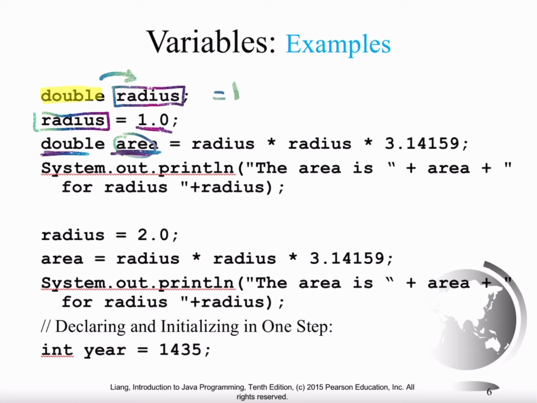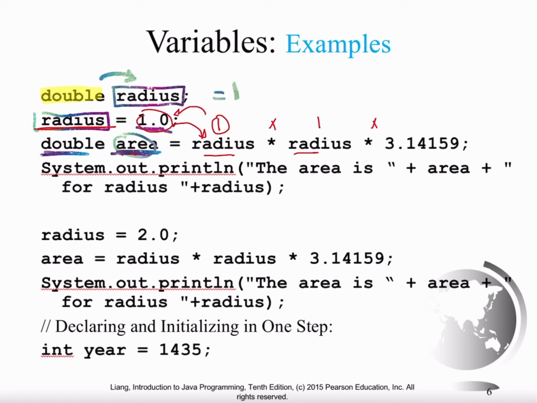It says that the area is equal to radius times radius, which is 1 multiplied by 1, times 3.14159. So that is the declaration of a variable. You tell what something is equal to, and then each time you use it, it means it's equal to that thing.